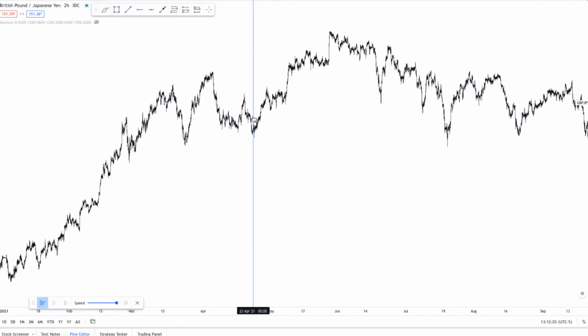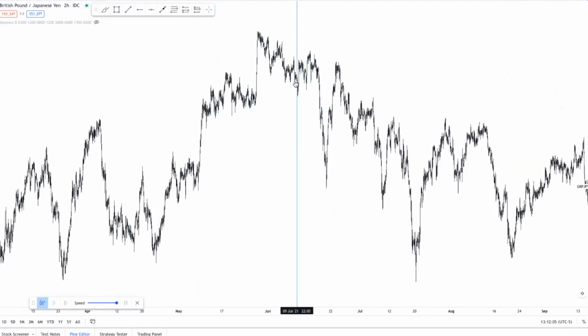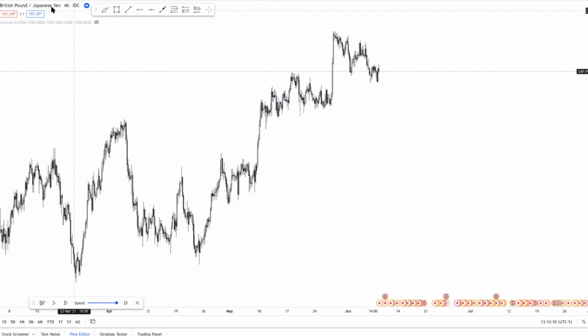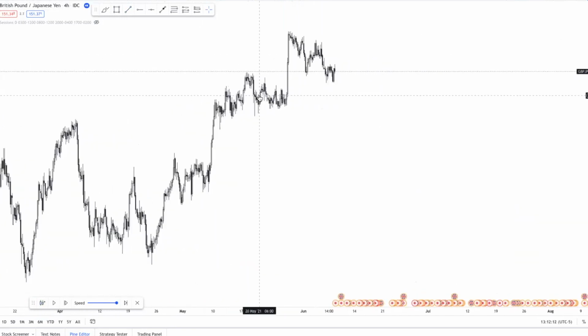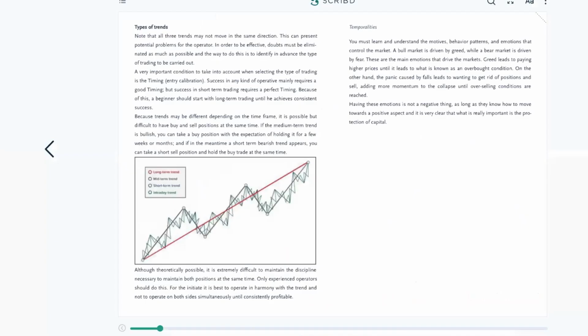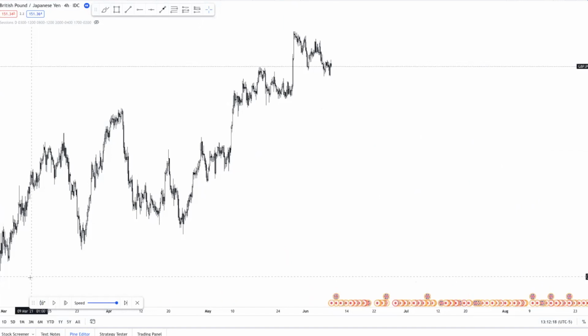I like to explain things in uptrends. It's just the vibe. Let's just keep it like this. The long-term trend is obvious here, right?